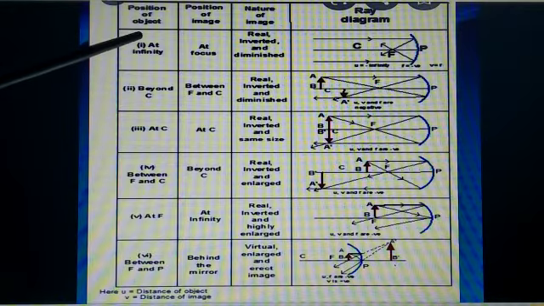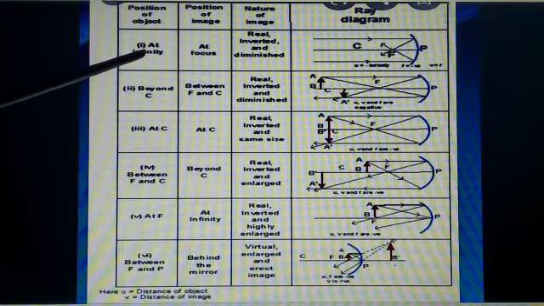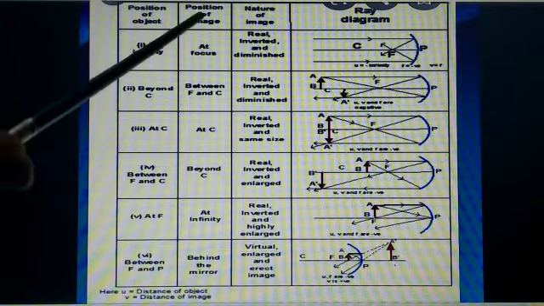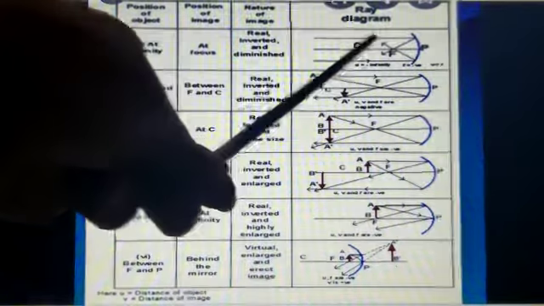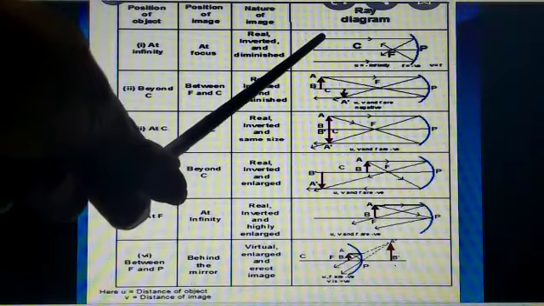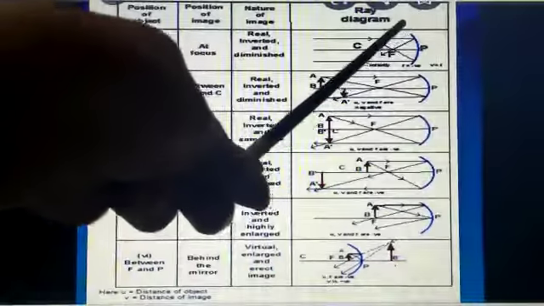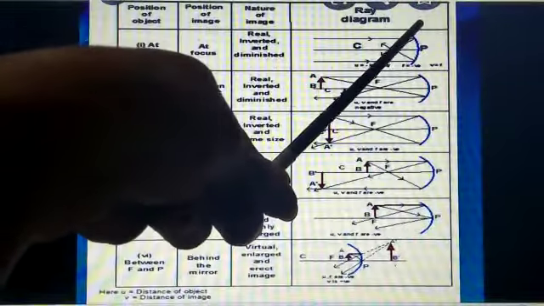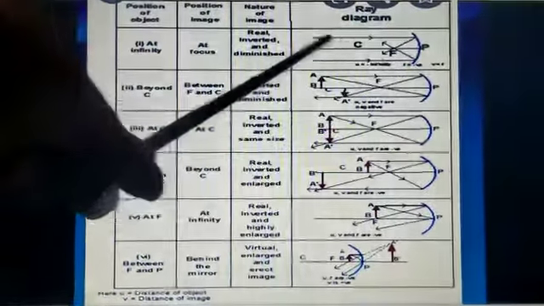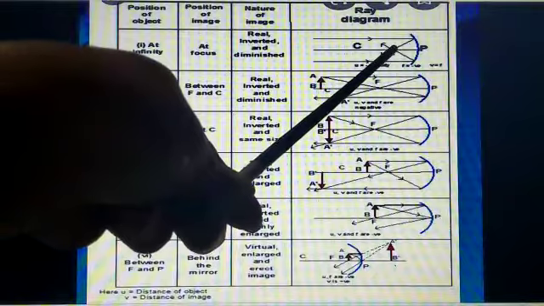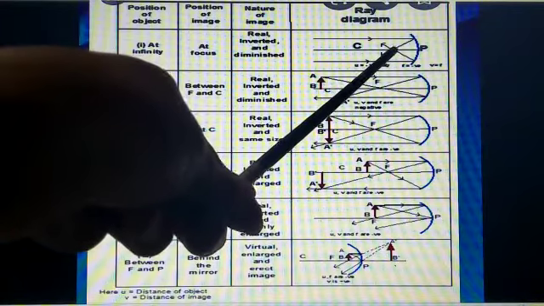If we place the object at infinity, like the sun, then the image will be formed at focus. The light rays which are parallel to the principal axis, after reflection, will pass through a point on the principal axis at focus.